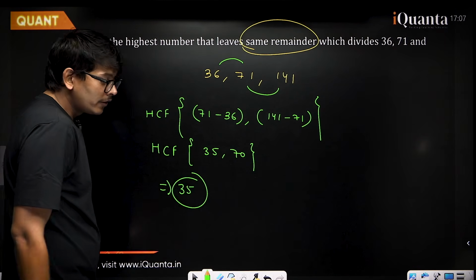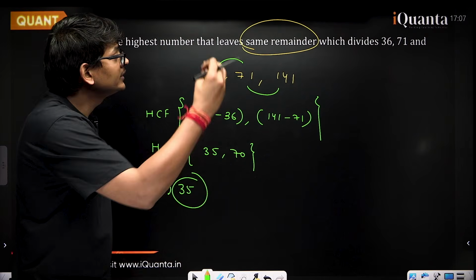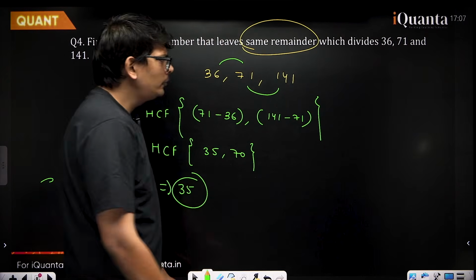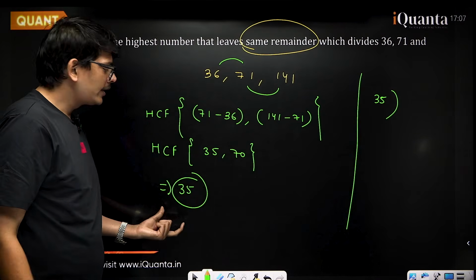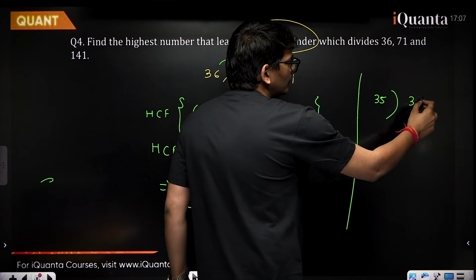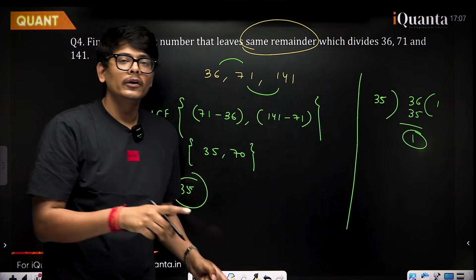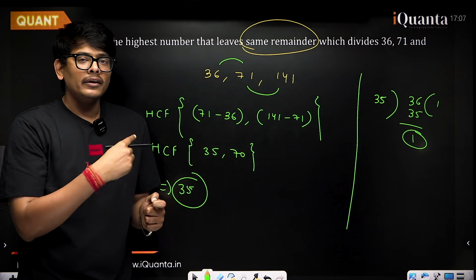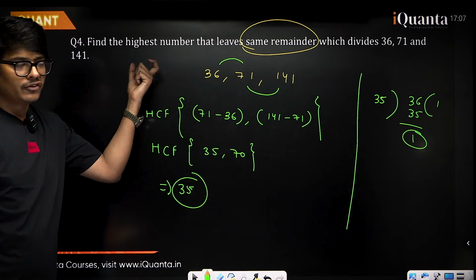So this will be your answer. And if the question setter asks what that same remainder is, what you have to do is just divide any number by this HCF. So 1 is the particular remainder which is common every time, right? So 1 is the remainder, 35 is the answer for this particular question.